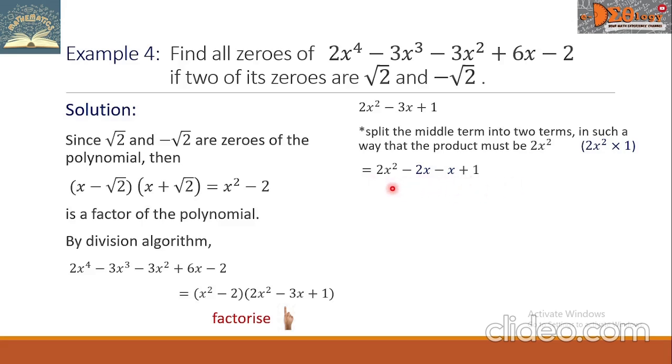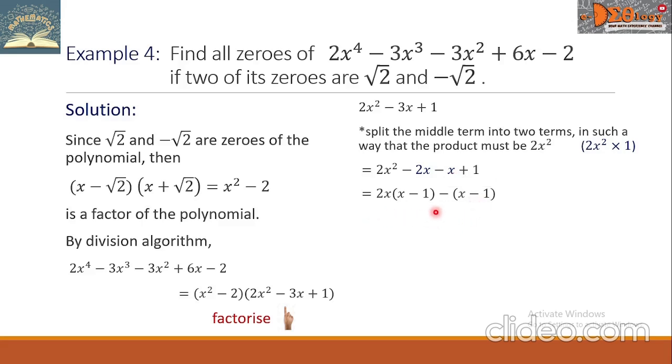In the first two terms, there is a common factor, and that common factor is 2x. When we factor it out, what remains in the first group is x minus 1. In the second group, the common factor is the negative sign. When we pull it out, what remains in the second group is x minus 1.